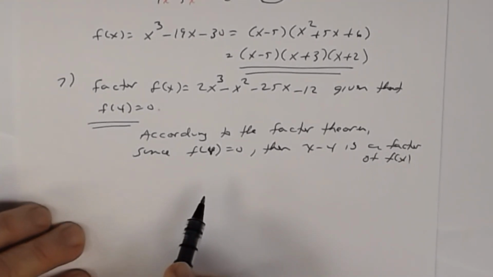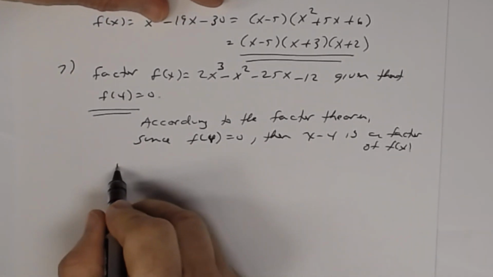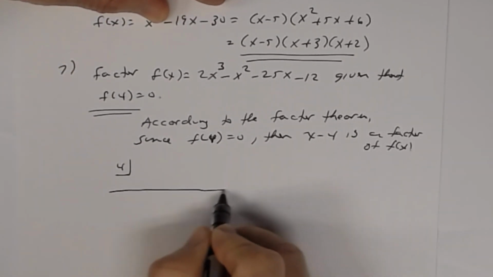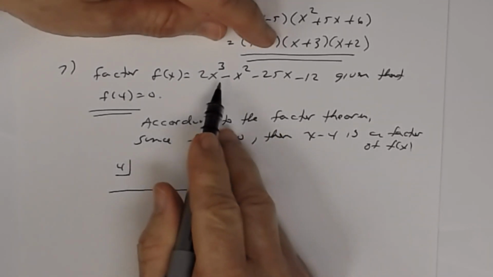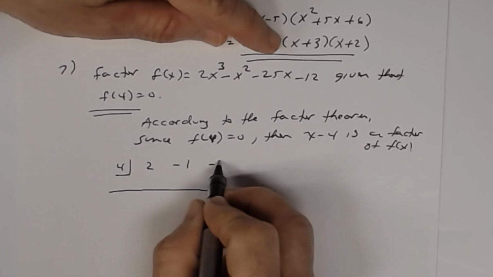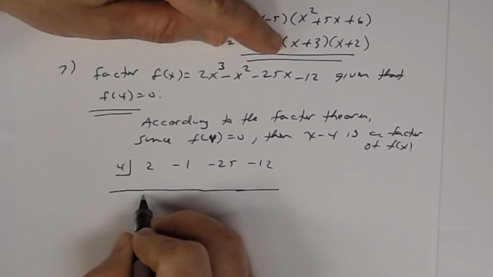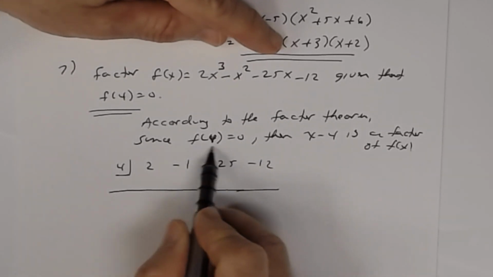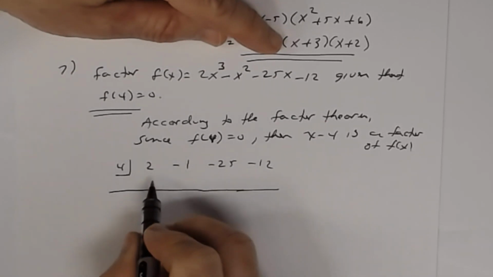So then I can use synthetic division to break that down a little bit further. So I have 4, and then I'm not missing any terms, and it's already in descending order. So I have 2, negative 1, negative 25, negative 12. Now remember, according to this, I better get a 0 here, because my remainder is 0.